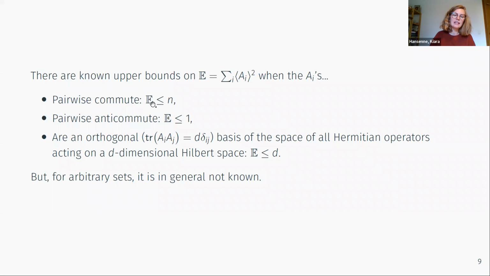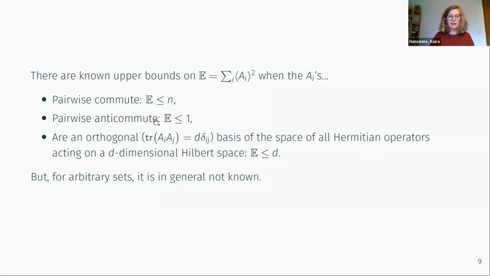If you take any common eigenstate of all those operators and evaluate the square of the expectation value, you're going to have 1 for each operator, and it's just going to sum to n. So this is a trivial bound: if you have n pairwise commuting observables, the upper bound is just given by the number of them.